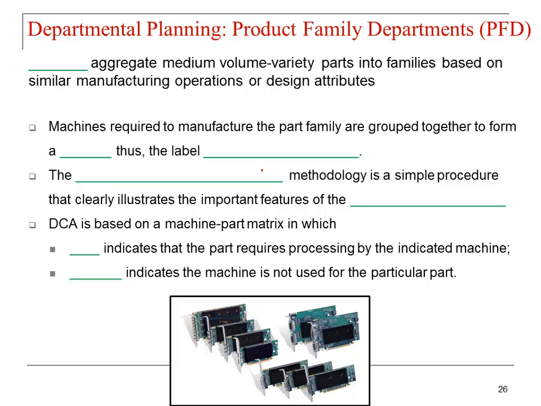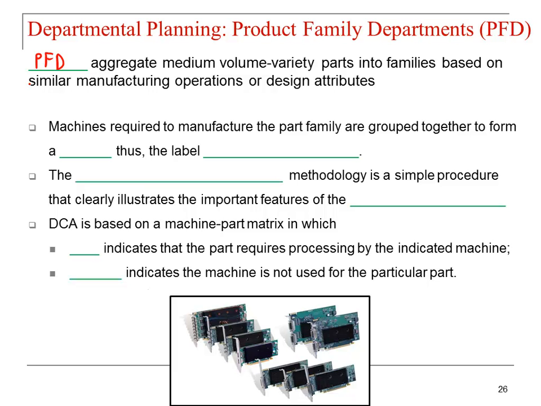Let's now discuss in detail each one of them. So we can start with the product family department. The product family department aggregates medium volume variety parts into families based on similar manufacturing operations or design attributes. So here I'm showing an example of some boards that may change a little bit, but as you can see, they are very similar.